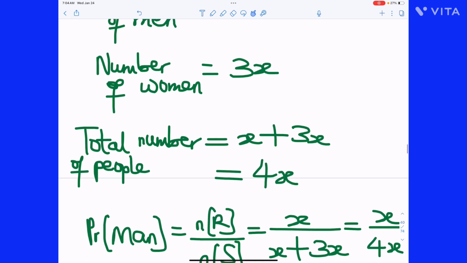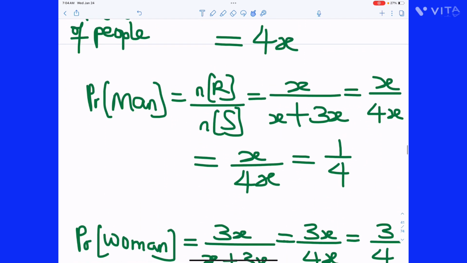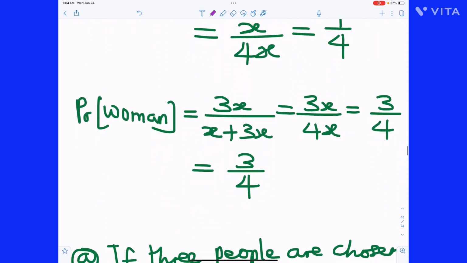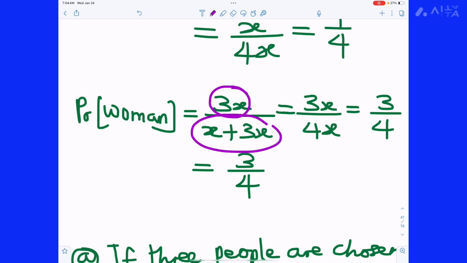Take note of that. Now, the probability of choosing a man is simple. Number of required outcomes over number of possible outcomes. That gives you X over X plus 3X. That's X over 4X, which is 1 over 4. Also, the probability of choosing a woman is NR over NS.